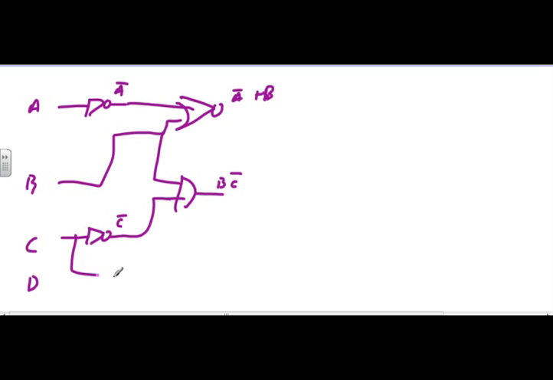I've got C, D, C, D. Now, up on the top where it's A naught or B, so that's the second time A is inverted, or it's just being A?